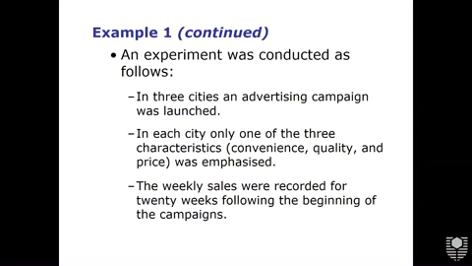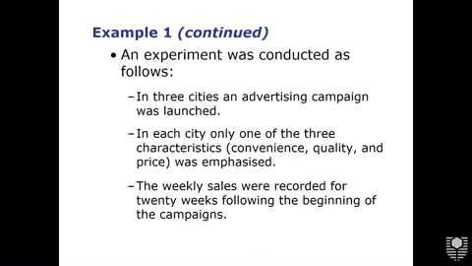Three different strategies: price, quality, and convincing the customers. Here they're going to market these three strategies in three different cities and do their campaign to advertise the new product. In each of these three cities, they market one strategy, like convenience, quality, or price emphasized.